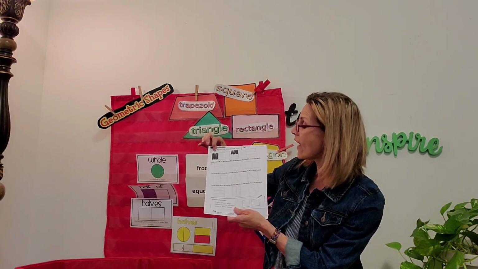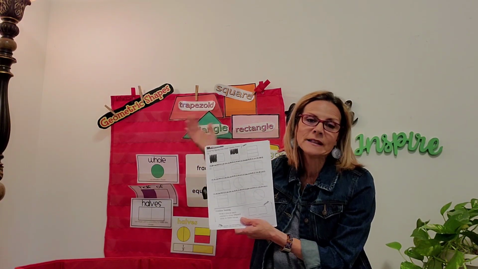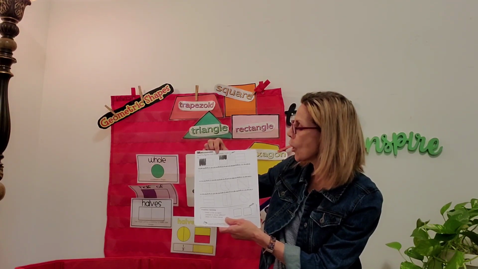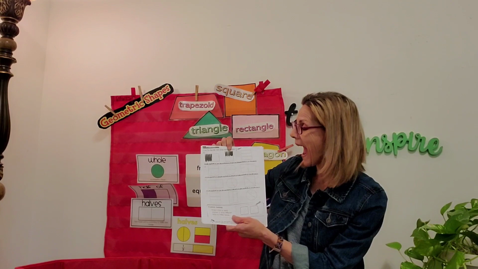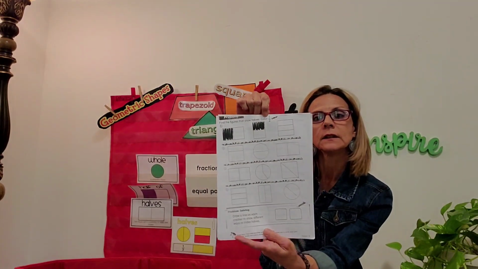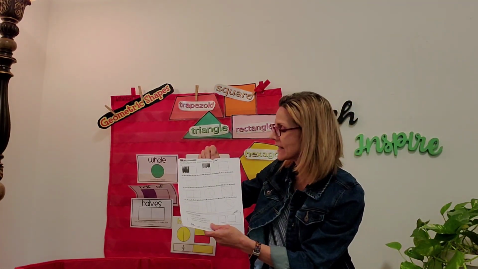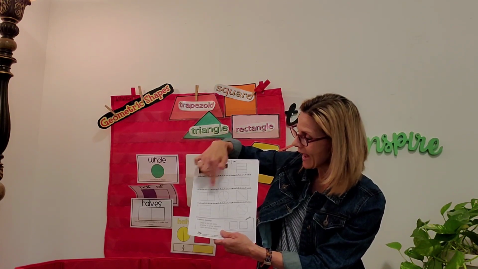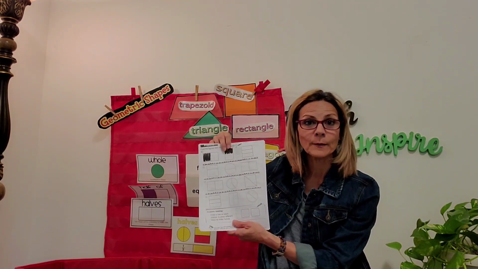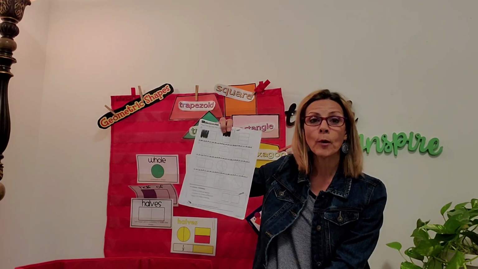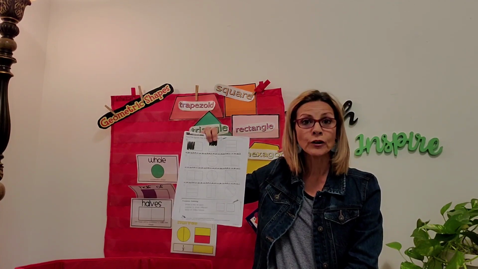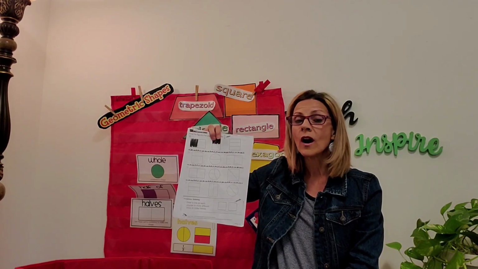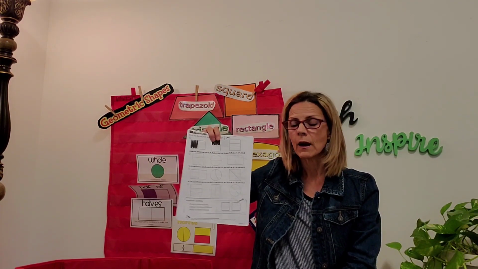At the top it says find the figures, that just means the shapes, that show halves, and you're going to color 1/2. And there's that little number representation. So look at each of these shapes and decide if they are partitioned into 2 equal parts. If they are, you're going to shade 1/2 of the shape.